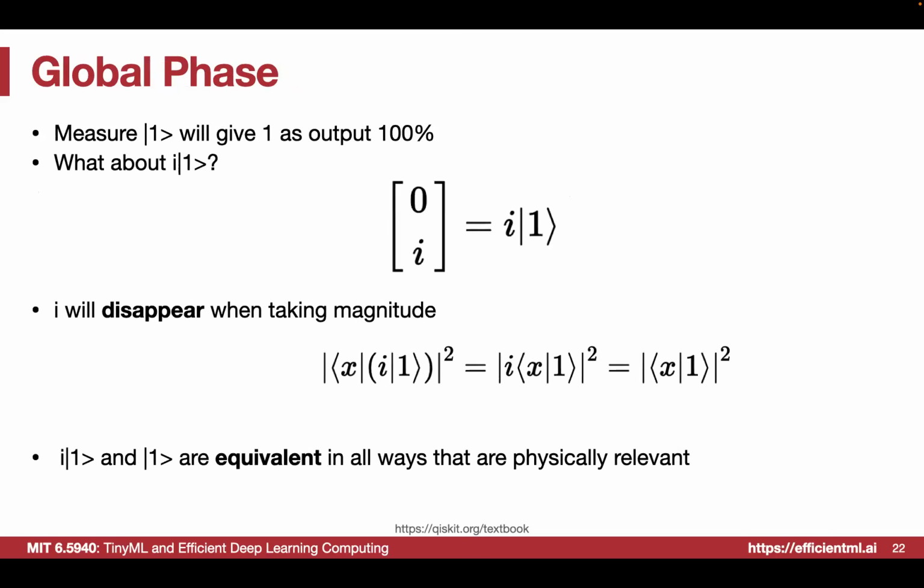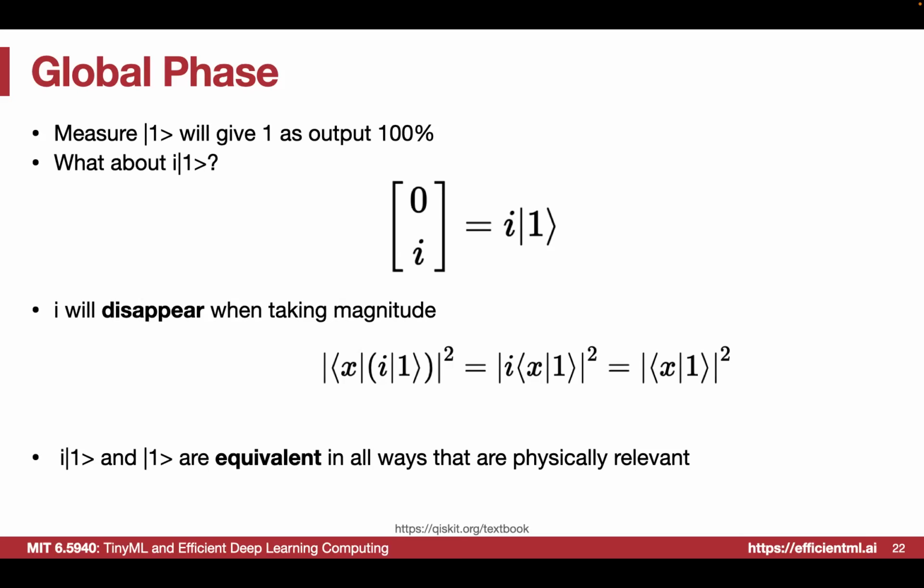Okay, another thing I want to introduce is called global phase. Say you measure the 1 state. It will give you a 1 with 100% probability, because you just prepared a classical state 1, right? But what happens if the state is i|1>? Mathematically, it can be represented by the vector (0, i). If we do this calculation when we measure a 1 here, the i will disappear, because we just take the magnitude.